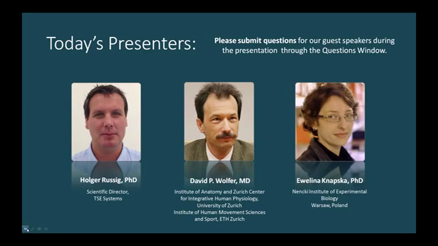And third, we will be joined by Dr. Ewelina Kanapska. Dr. Kanapska's doctoral training took place at the Necki Institute of Experimental Biology in Warsaw and included a 3-month stay at the laboratory of Hans-Peter Lipp at the University of Zurich. After obtaining her PhD and spending 2 years of postdoctoral training at the University of Michigan in Ann Arbor, she returned to the Necki Institute where she is now the head of the Laboratory of Emotions Neurobiology.